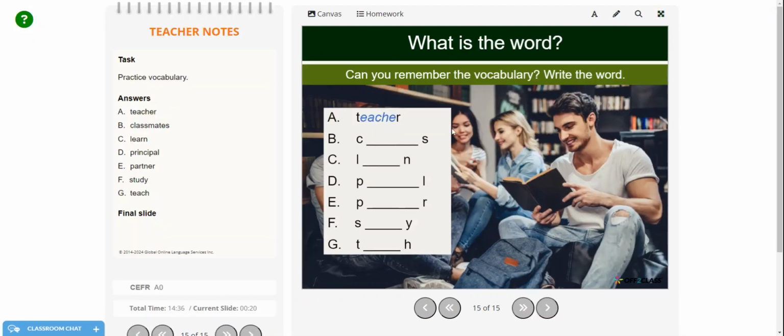So 1 is teacher, 2 is classmates, 3 is learn, principal, partner, study, and teach.